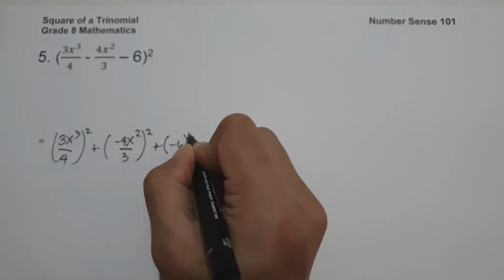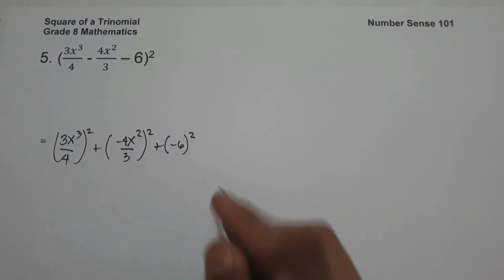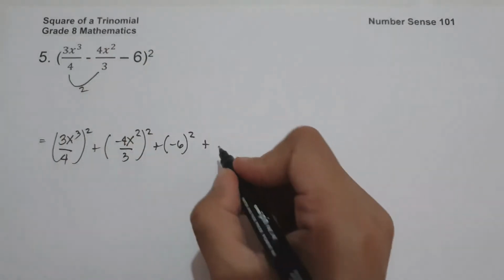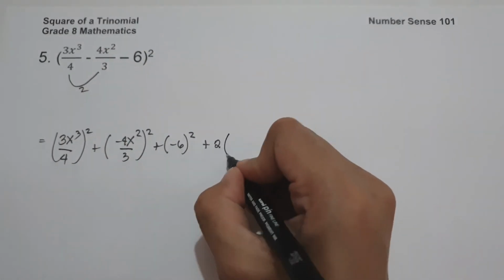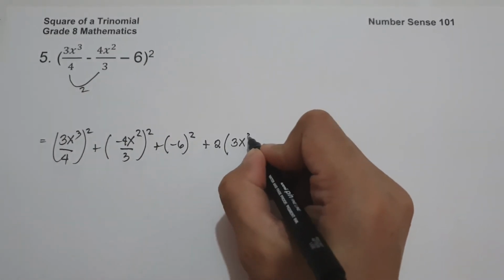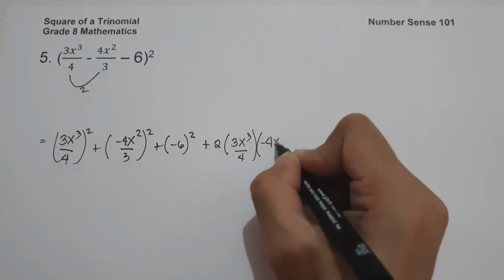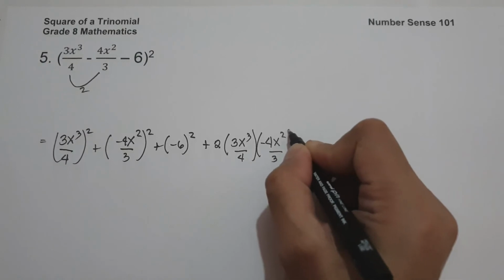plus negative 6 square. And to find the fourth term, multiply the first and second term by the constant 2, that is 2 times 3x cubed over 4 times negative 4x squared over 3.